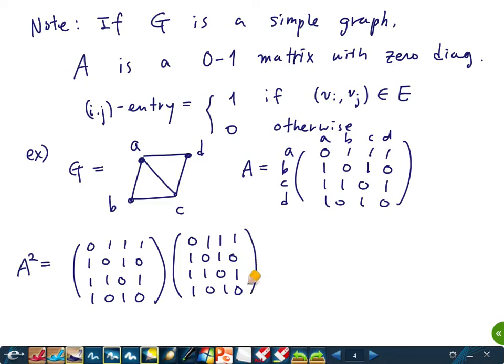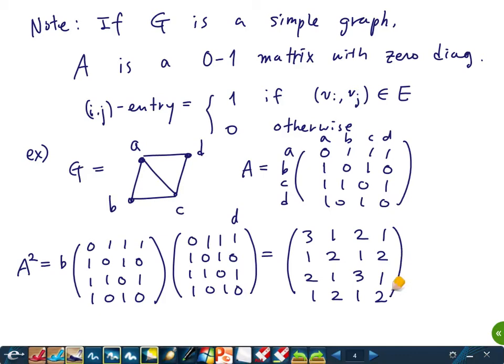Let's see, we want to compute the entry in row B, column D. You know how to compute this, so let me write down the result. It is like this. And we're going to focus on one entry. 1, 2, 1, 2. Everyone knows how to multiply two matrices.